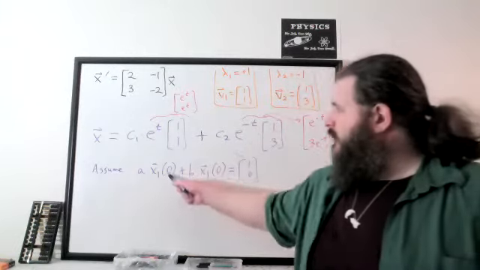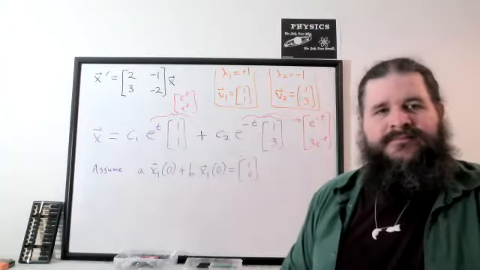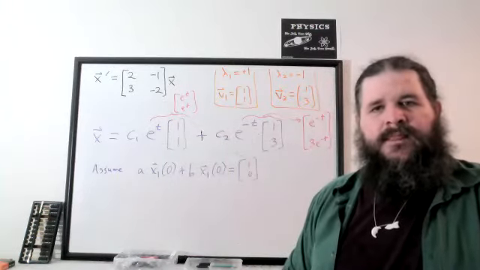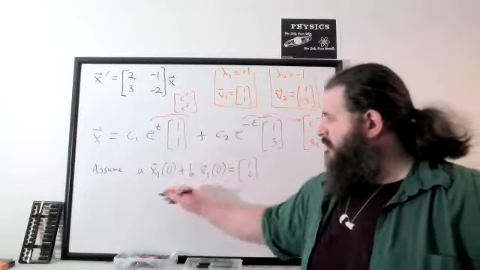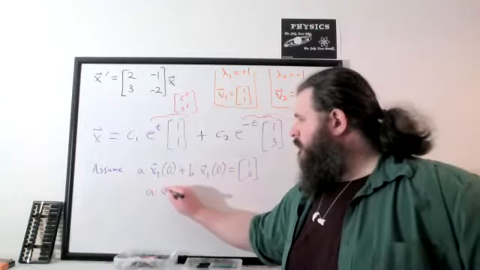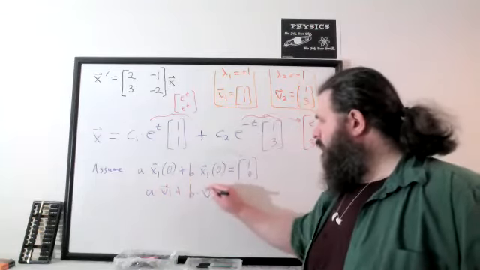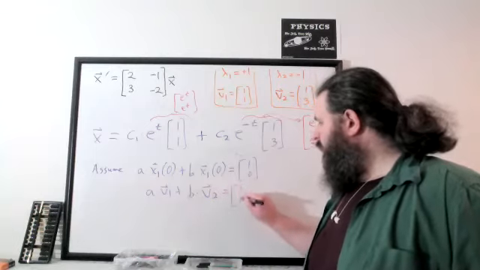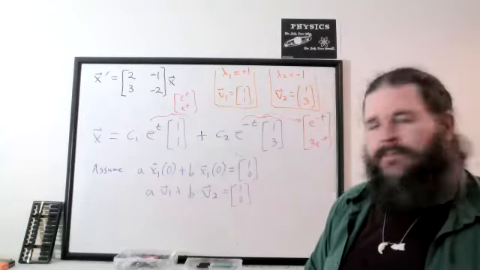However, if we plug in 0 for t, what happens to the e to the zeros? They just go to 1, which means we just get a times 1 times the eigenvector plus b times 1 times the other eigenvector. We're basically looking for a linear combination of the eigenvectors that adds up to 1, 0.